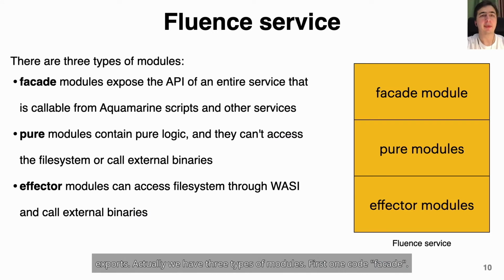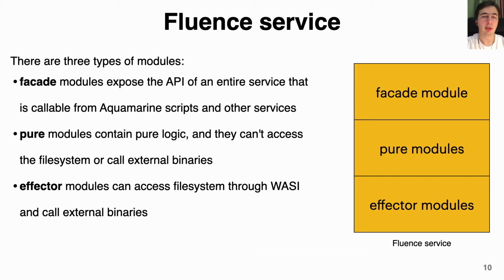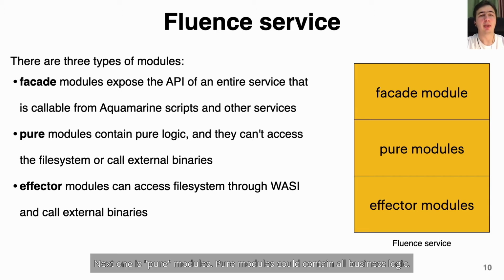Actually, we have three types of modules. The first one is called facade. This module exposes the API of the entire service. In each service there can be only one such module. Next are pure modules.